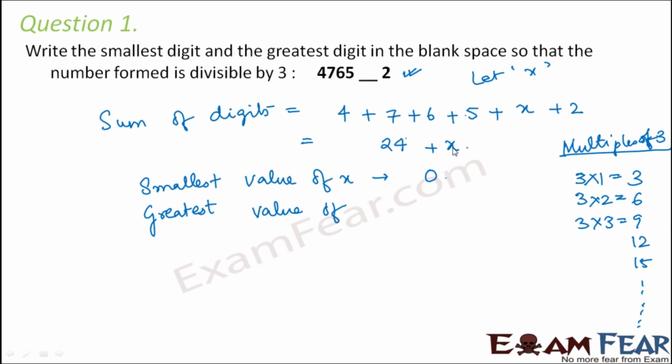The minimum value that x can take is 0, because when you put x as 0, the sum remains 24, which is divisible by 3. And the greatest value that x can take would be 9, because beyond 9 you have 12. 12 is a 2-digit number, but we have space only for 1 digit. So the maximum value of x would be 9. So these are the smallest and the greatest digit possible in this blank space.